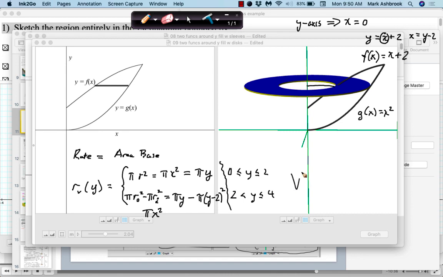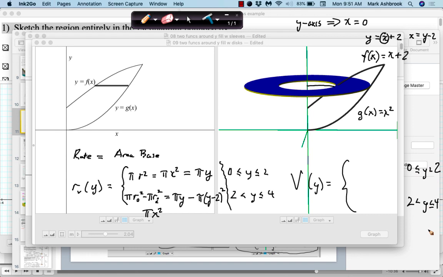So the volume as a function of y is going to be from 0 to 2, and from 2 to 4. So what will my volume be from 0 to 2? That should be easy. Everyone should be able to write that down.